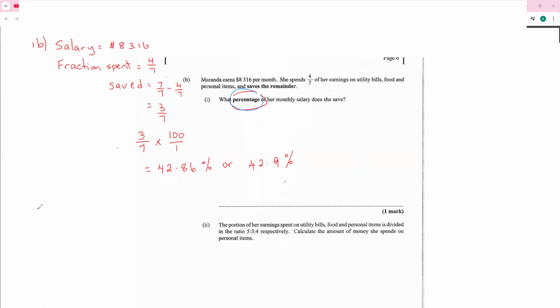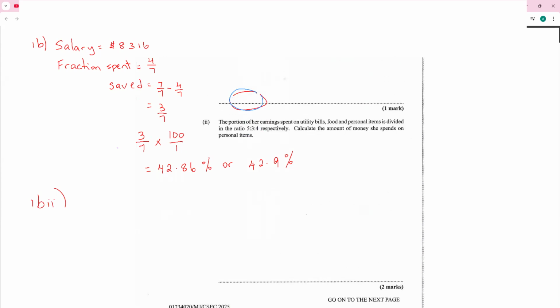All right, so take a look at 1B, part 2. You read the question carefully. It's a 2-mark question.